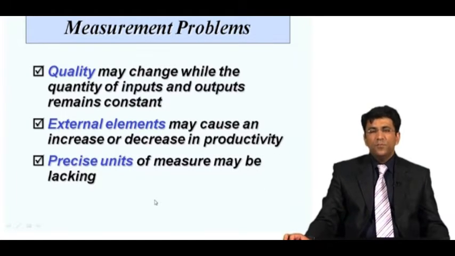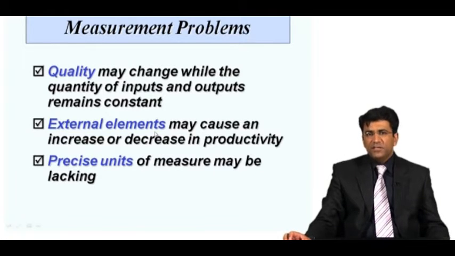Now students, there are some problems when we measure the productivity. One of the problems is that quality may change while the quantity of inputs and outputs remains constant. So by changing the quality of the inputs, we may be able to improve the productivity.